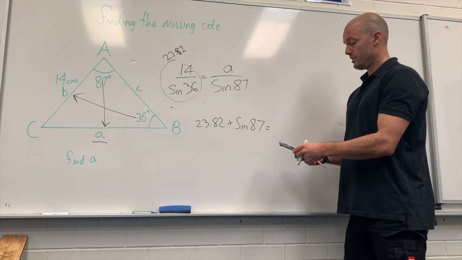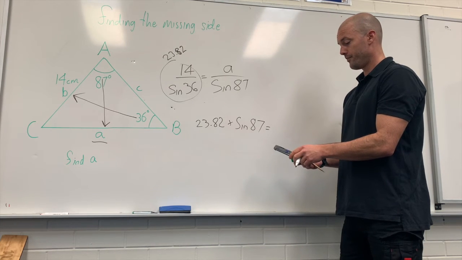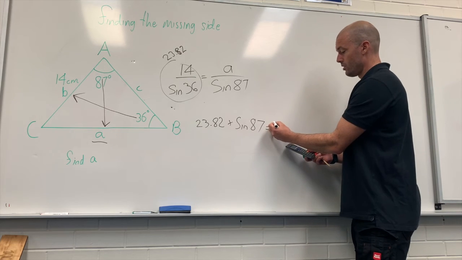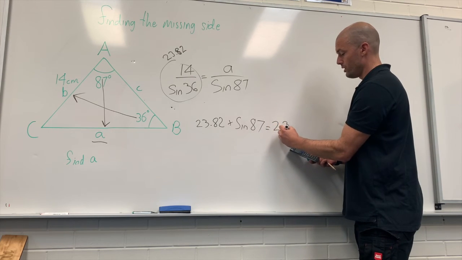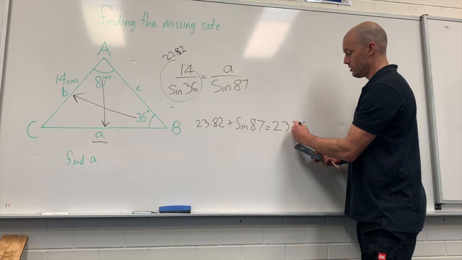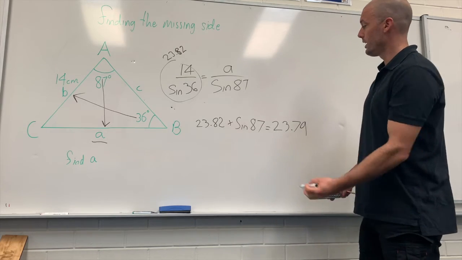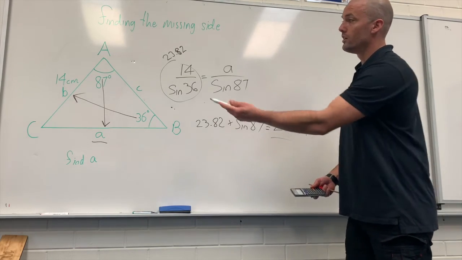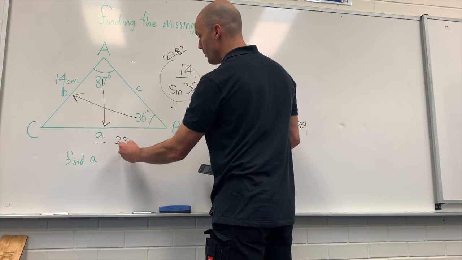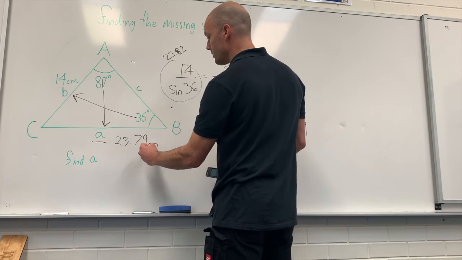So we times it by sine of 87, equals, and I get 23.779. So that's in centimeters. So this one here is 23.79 centimeters.